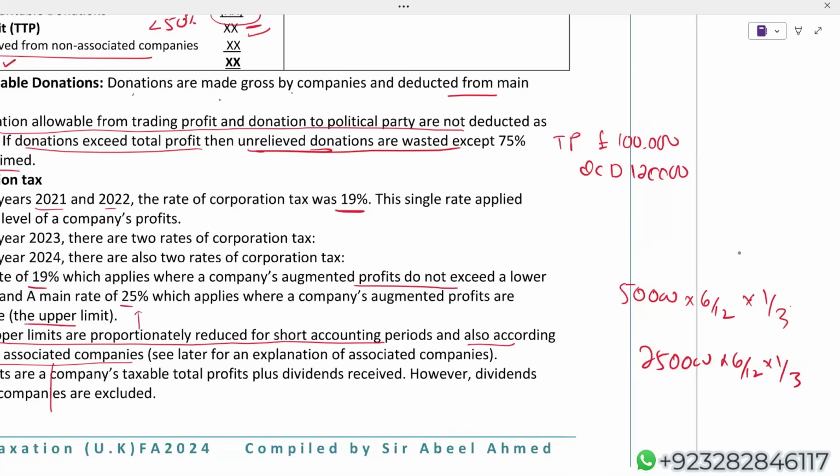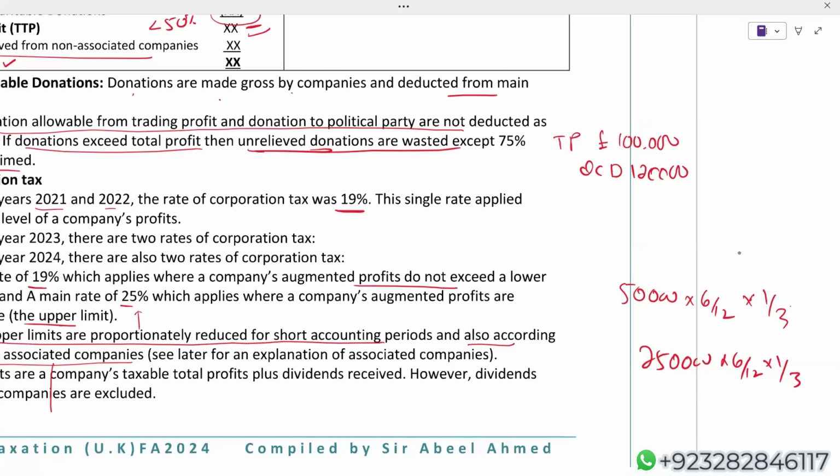So the lower and upper augmented profit limits will be apportioned if your chargeable accounting period is less than 12 months, and they will also be apportioned in case of number of associated companies. And no matter that associated company was your associate just for a part of the year, not the entire year.